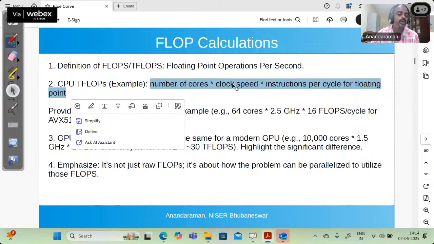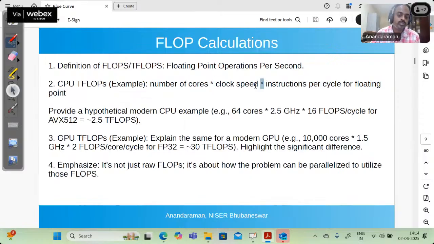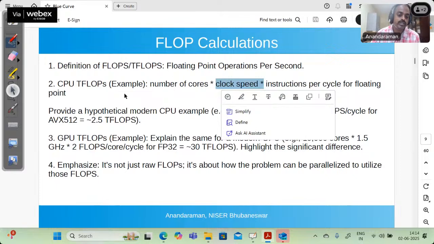The processor clock speed can be 2.5 gigahertz, 3 gigahertz, or 3.4 gigahertz, whatever it is, and the number of cores. If you multiply these, since the clock speed is in gigahertz, you will get the answer in gigaflops. Then if you multiply further, you get teraflops or exaflops.